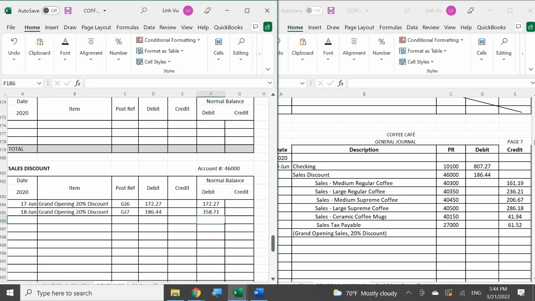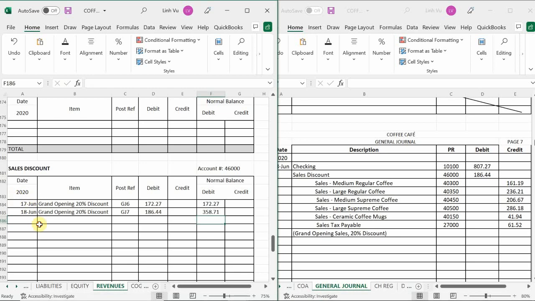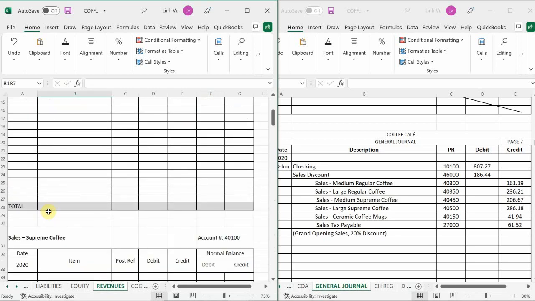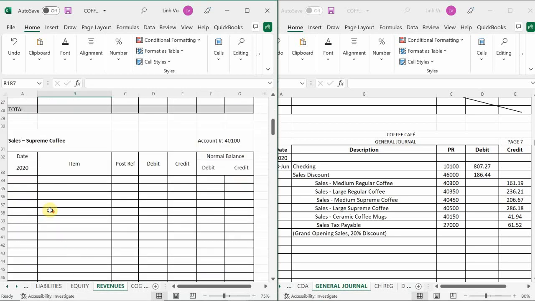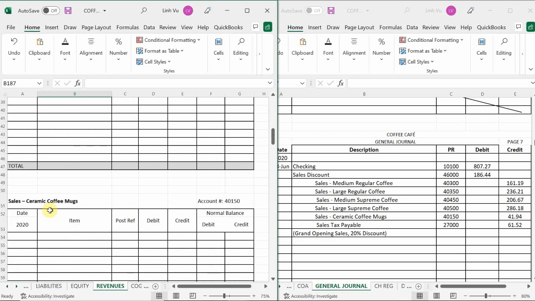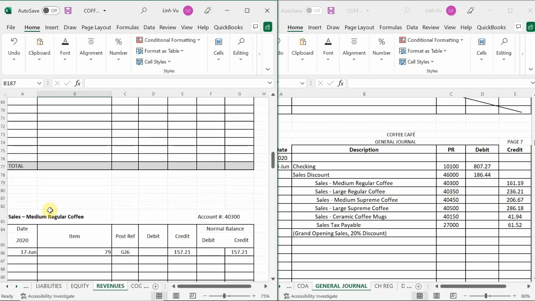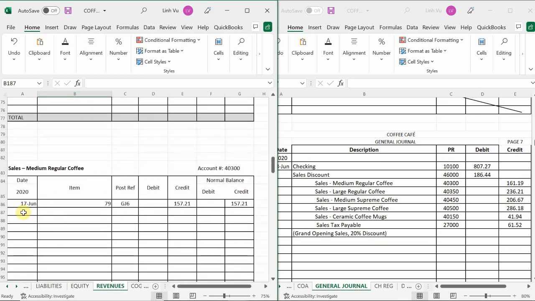Next is going to be my sales for medium regular coffee. Okay, medium regular coffee. How many cups did I sell for the medium regular coffee?